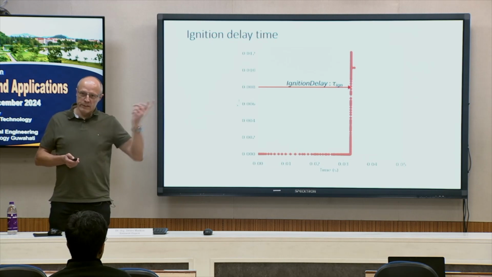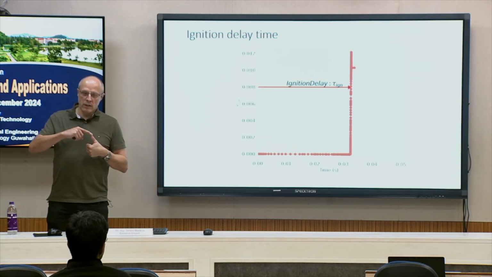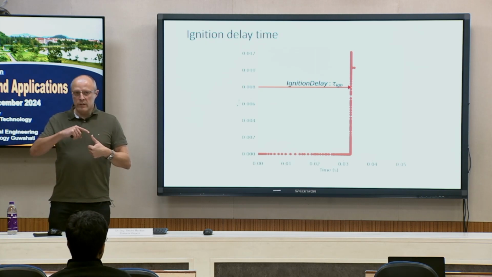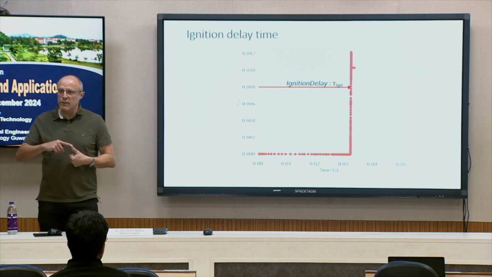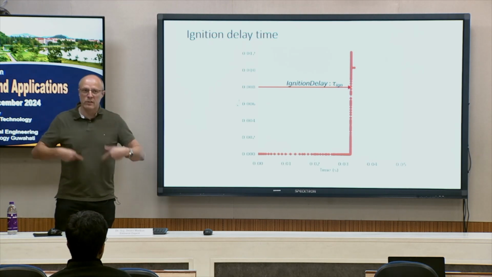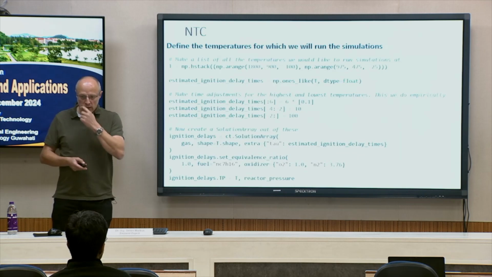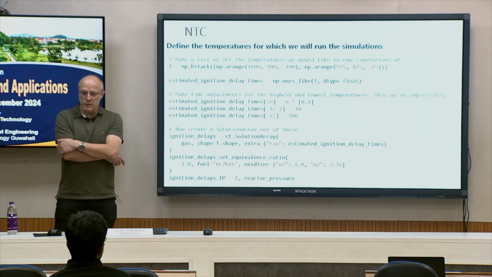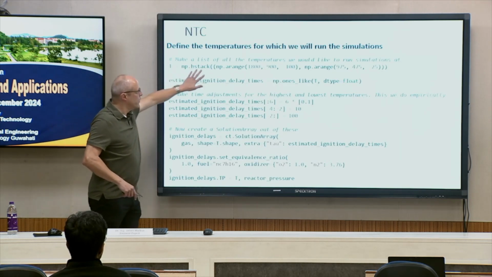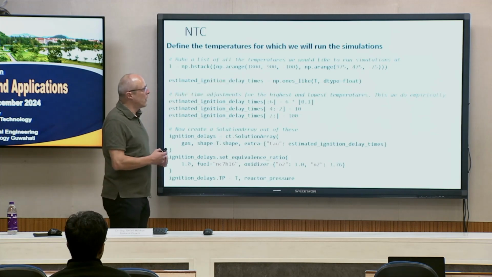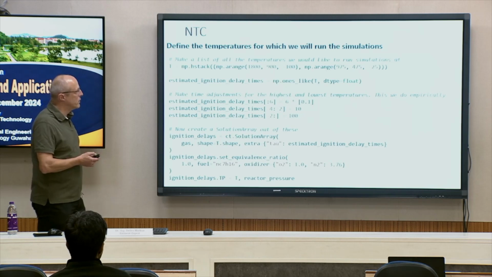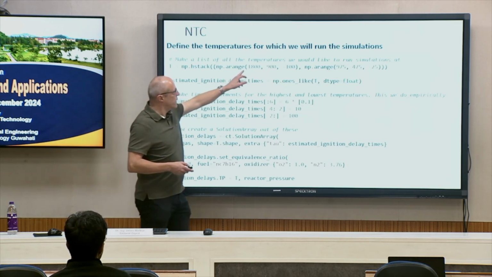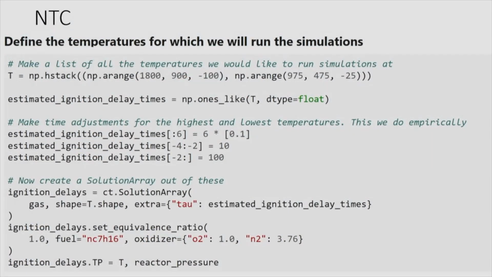But when you remember the plot I've shown you, we plotted the ignition delay time as a function of temperature. So of course we have to do this very often, and that's quite easy. You can define a list here. I think there is an error in the tutorial.